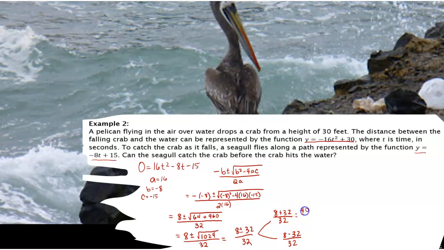Here we get 40 divided by 32, and 40 divided by 32 is 1.25. 8 minus 32 divided by 32 is negative 24 over 32, which is negative 0.75. So these are our two t values.